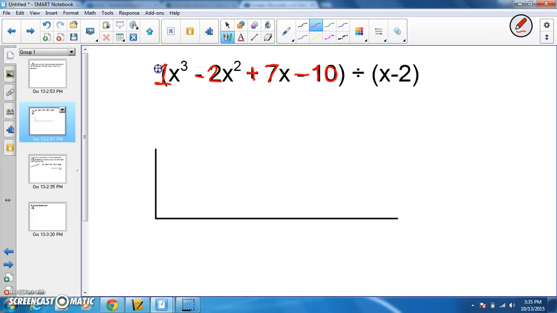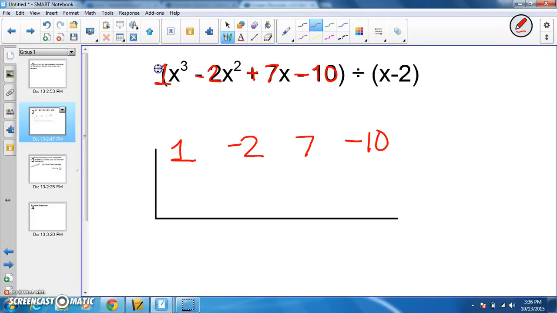So we have x to the third comes first, so 1, then -2, 7, then -10. If you are missing a term and they do not go in order like 3, 2, 1, 0, then you will have to use a 0 as a placeholder in this division.